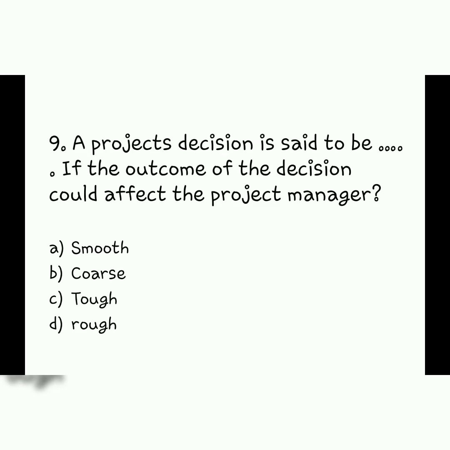So if the result of the decision can affect you and the position you hold, is it smooth, coarse, tough, or rough? The answer is tough. Yeah, tough decisions affect project managers. So the answer is C.